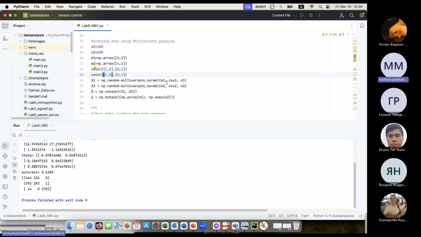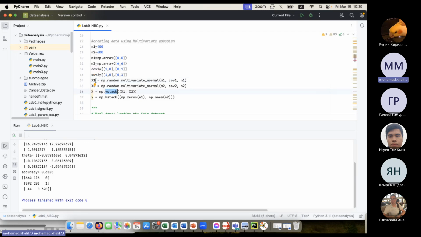Look, I want to create 400 points from a multidimensional Gaussian distribution of mean M1 and covariance 1. You see the covariance matrix is here. And the second class, and I want to do a vstack.